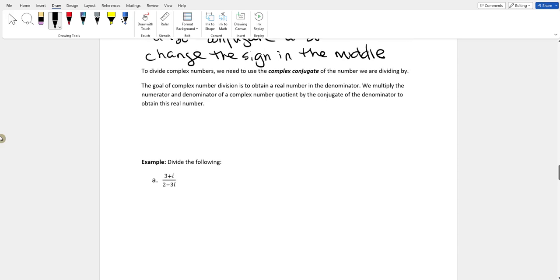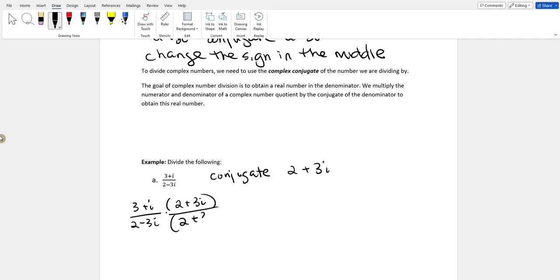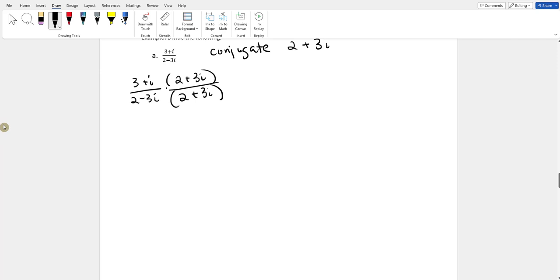So in this first problem, we have 3 plus i divided by 2 minus 3i. We're going to multiply top and bottom by the conjugate of the denominator. So our denominator is 2 minus 3i, so the conjugate would be 2 plus 3i. So what I'll do is I'm going to multiply top and bottom by the conjugate of whatever my denominator is.